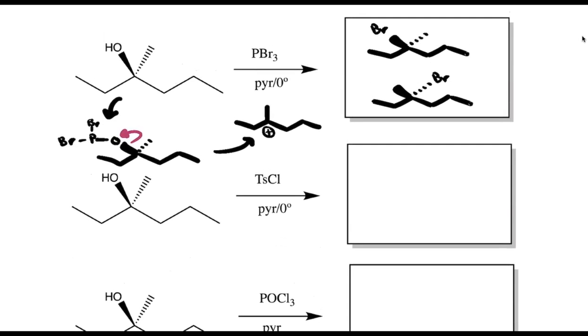What about the tosyl chloride? How many stereoisomers will you end up with here? One. Why only one?